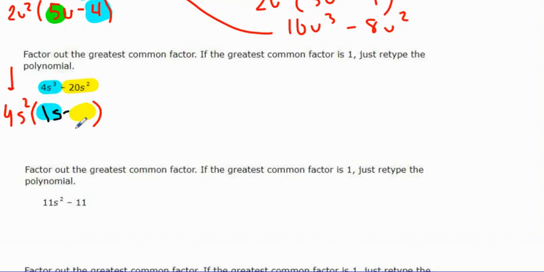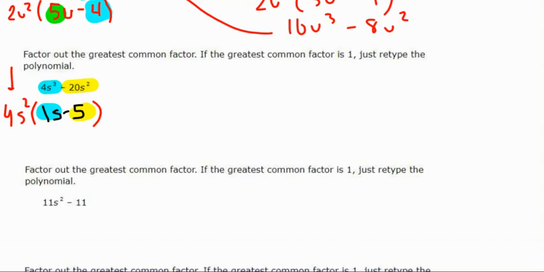I'll bring my minus down. 4 times what gives me 20 would be 5, and s squared times 1 gives me s squared, so I don't have to put anything else. So I have 4s squared times the quantity 1s minus 5.